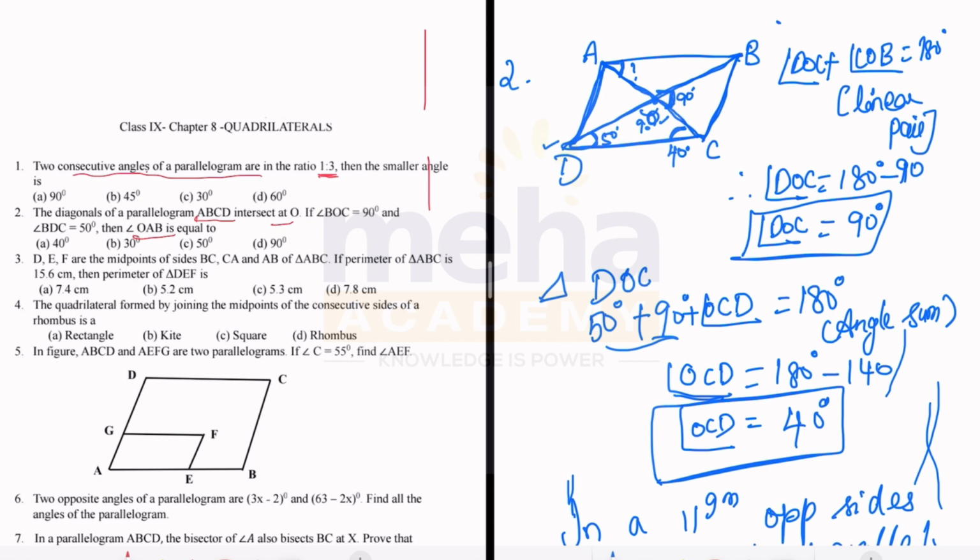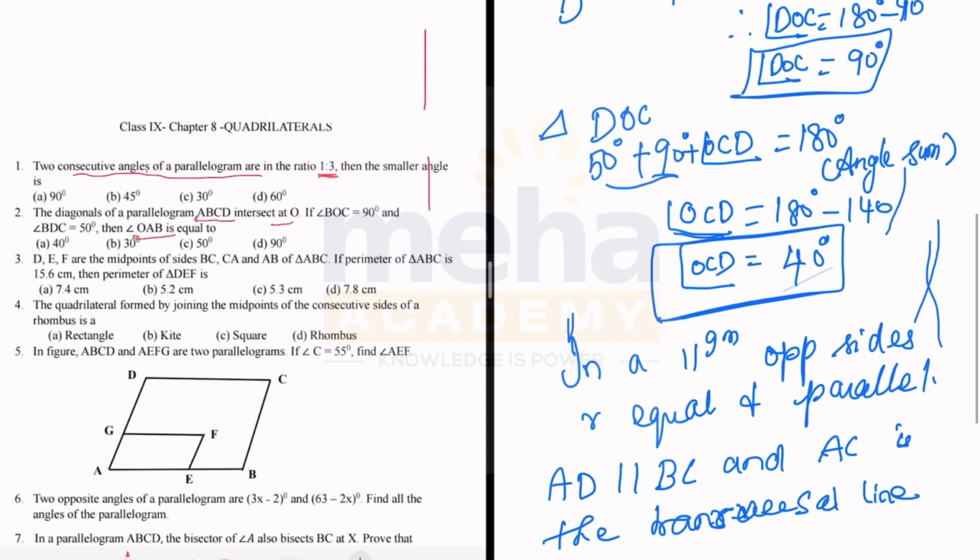So if AC is the transversal line, then we know that this angle and this angle are alternate angles. That is, angle DCO and angle OAB are alternate angles. These two are alternate angles.